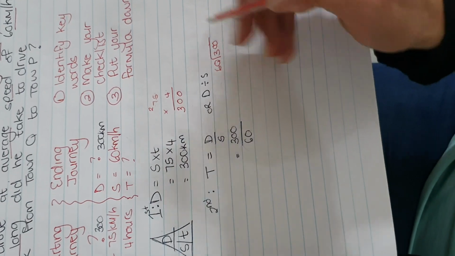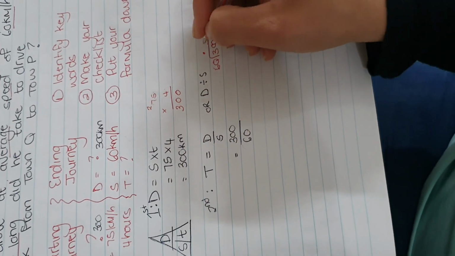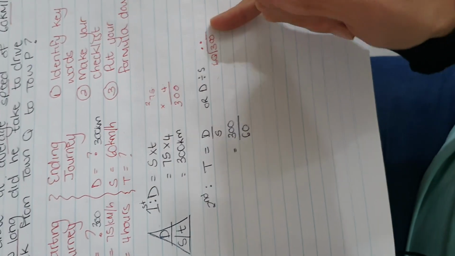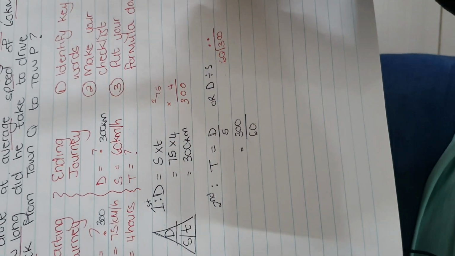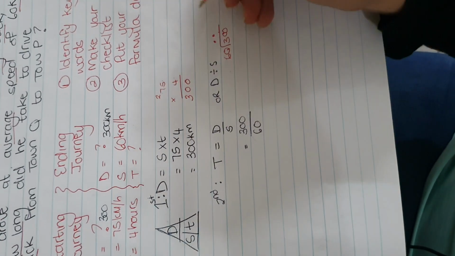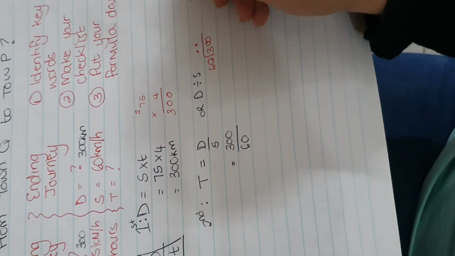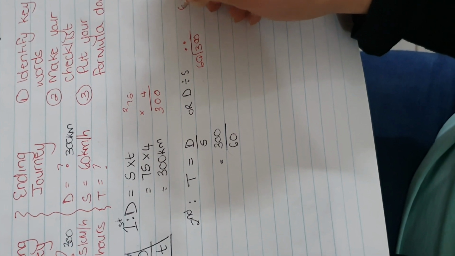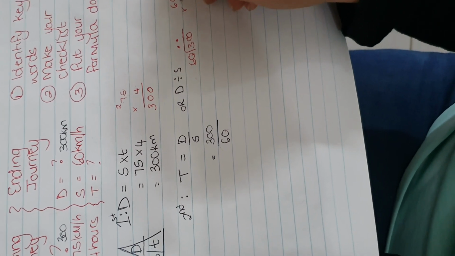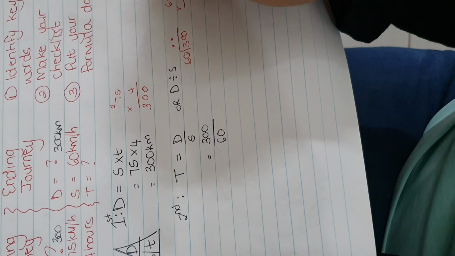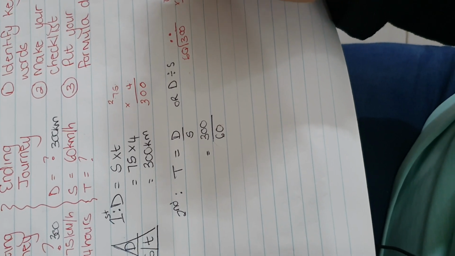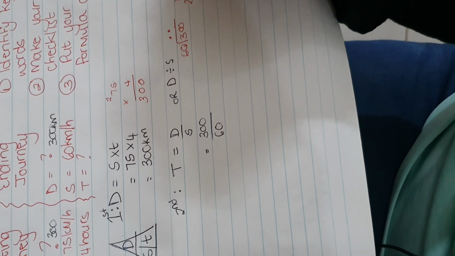60 cannot go into 3. It can't go into 30. So we see how many times can it go into 300, excuse me. So if you are still not sure and you find it a little bit tough to count in sixes, you do the calculation on the side again. So you say 60 times 4, that's 0, and that is 24.